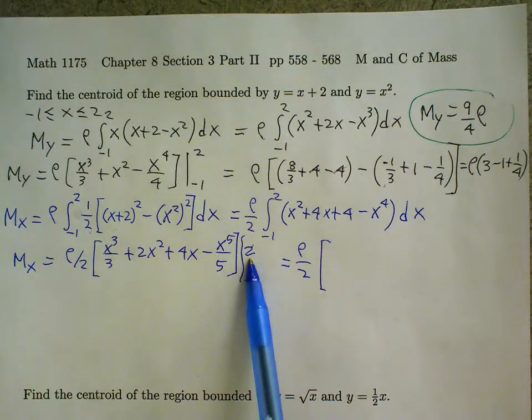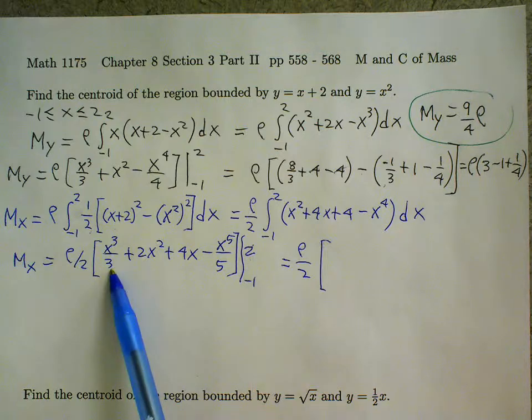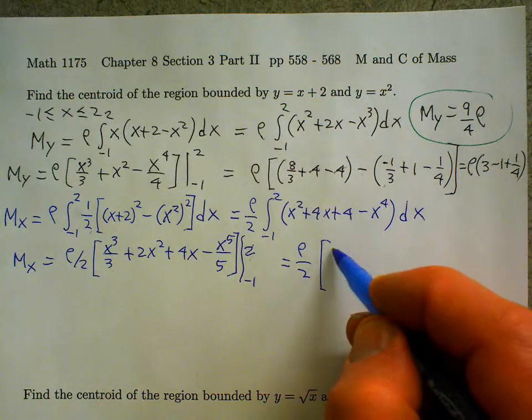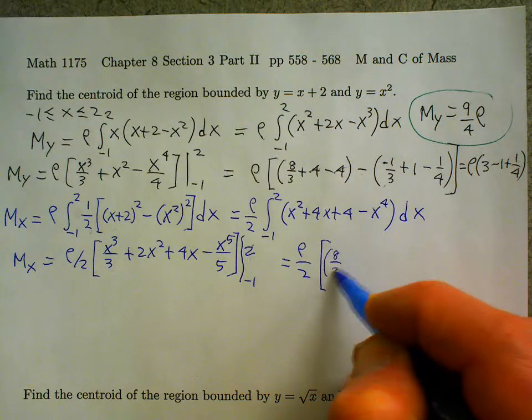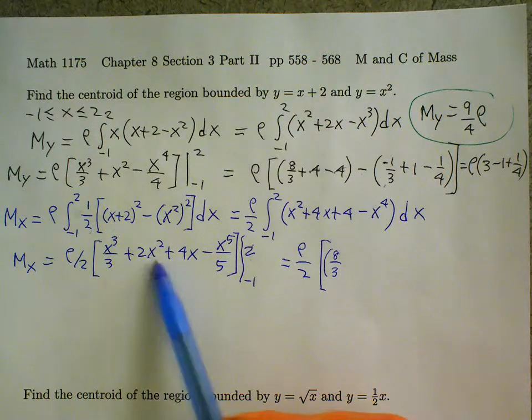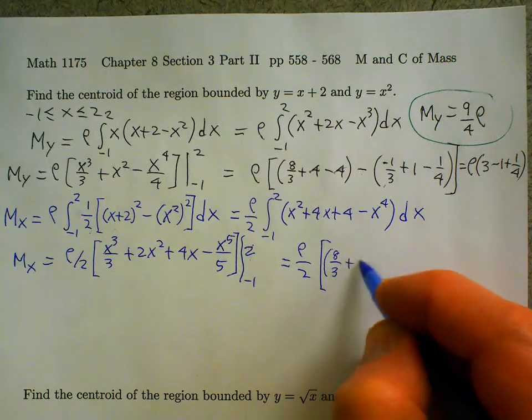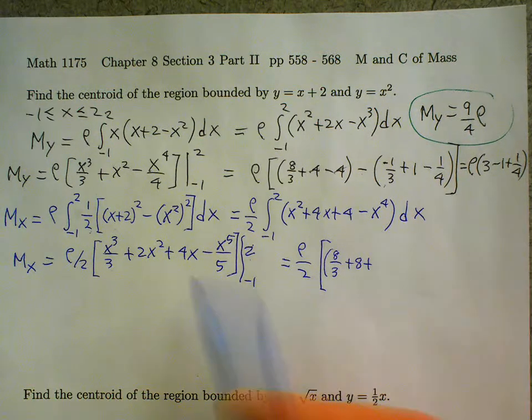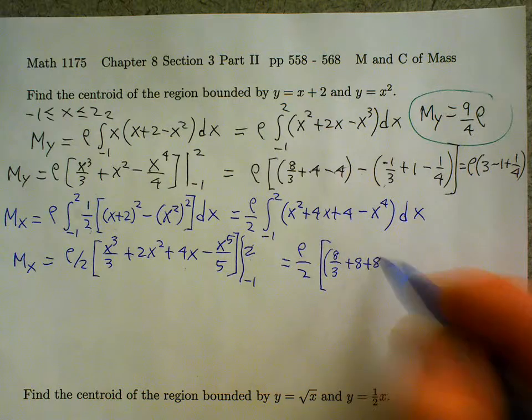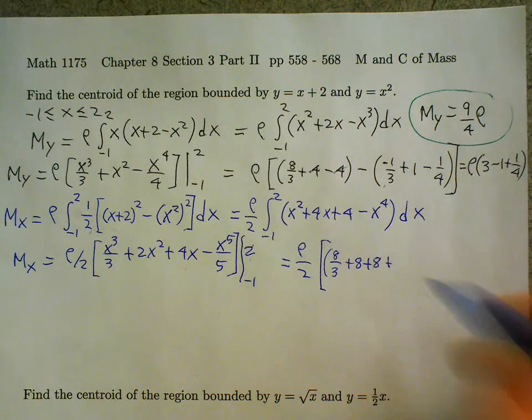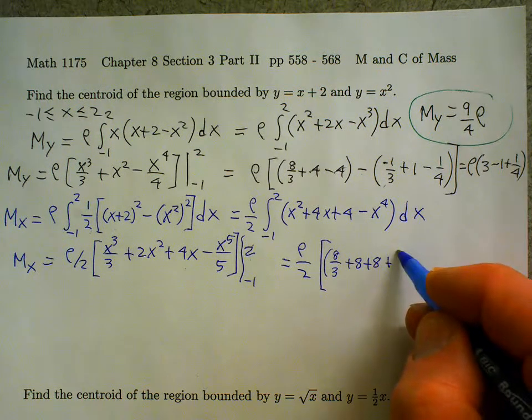Okay, when x is 2, we get 8/3 plus 8 plus 8 again plus 32/5. 2 to the fifth is 32.